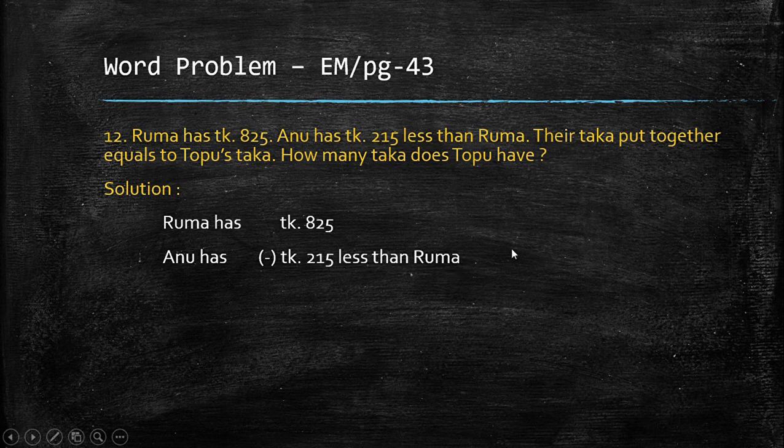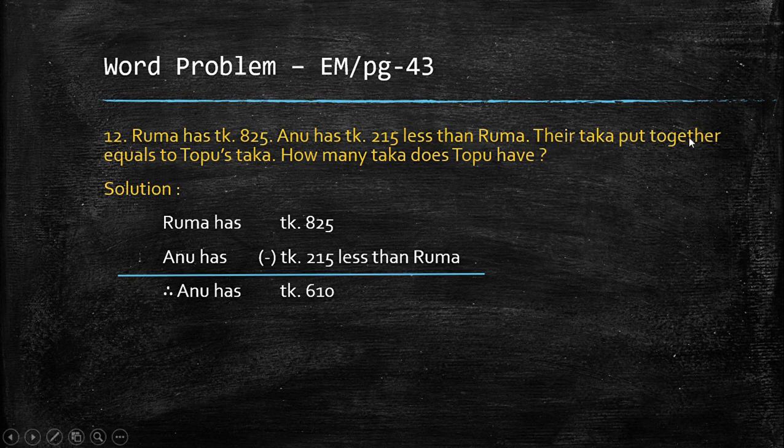So how many taka does Onu have? Onu has, yes, 610 taka. Here we subtract this 215 from this 825, and we got this result, right? And this is the amount that Onu has.